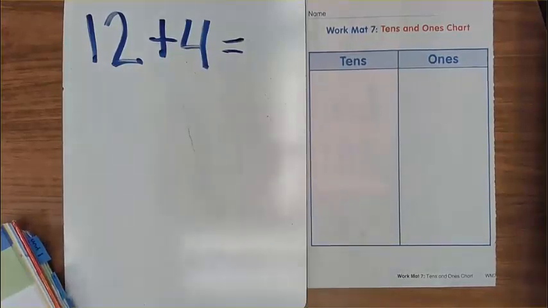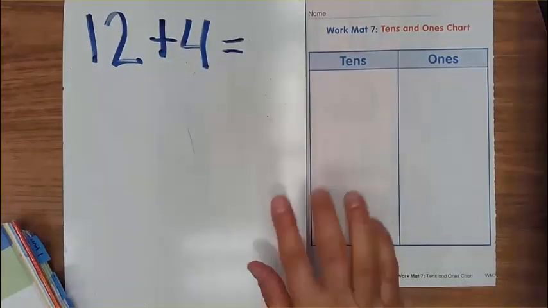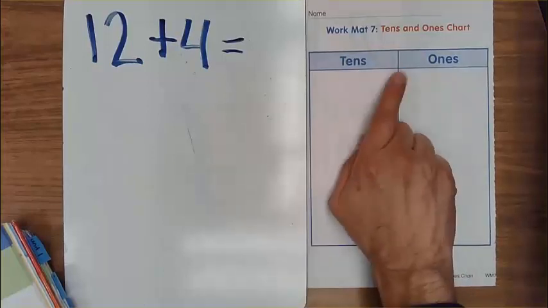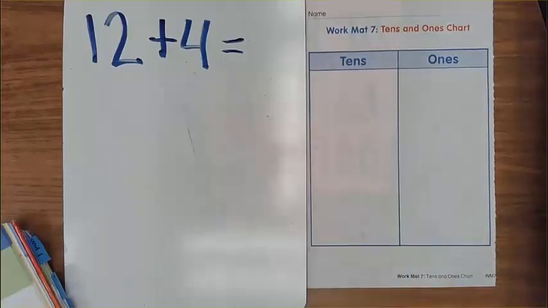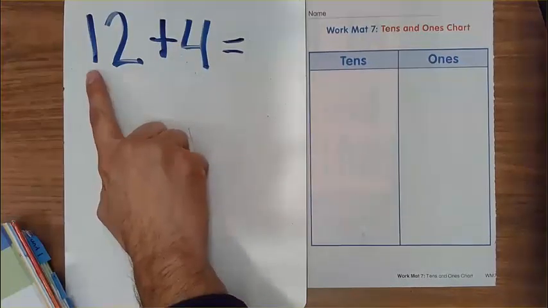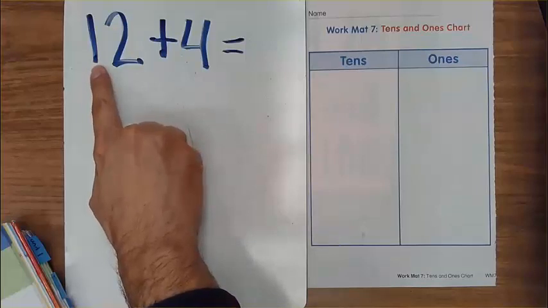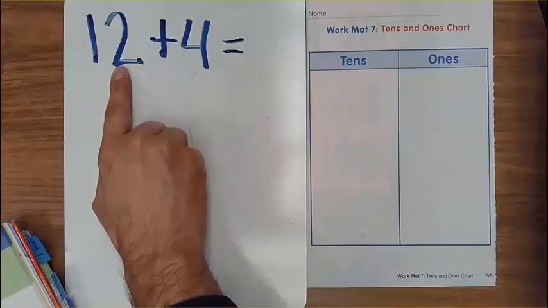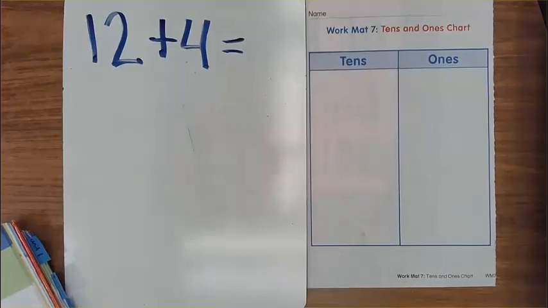Well, what I can do is I can use my tens and ones chart to help me out so that I know that 12 has 1 ten and 2 ones. So let me put that in my chart.